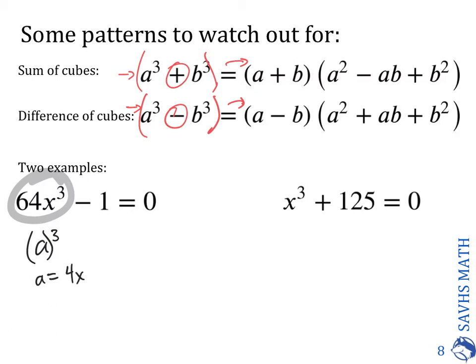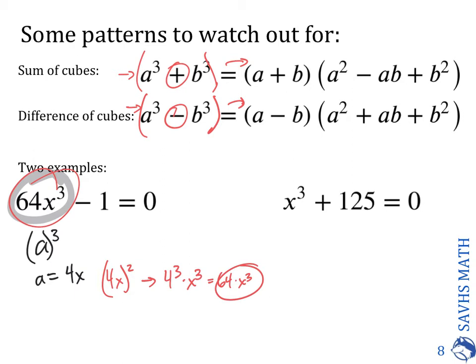If you check your work, 4x, the whole thing cubed, gives you 4 cubed times x cubed, which is 64 times x cubed, which is what we started with. And so that's how I can show that that's what a is.